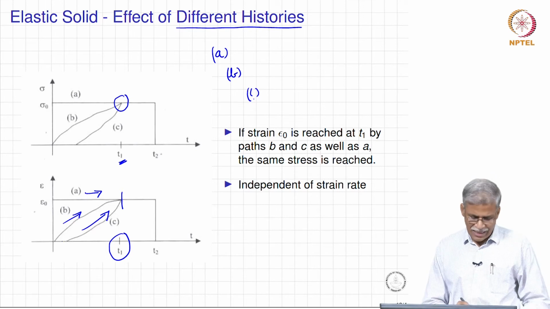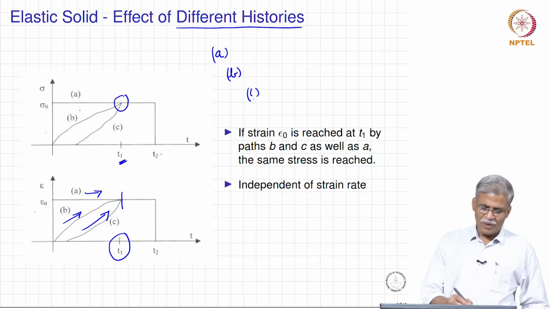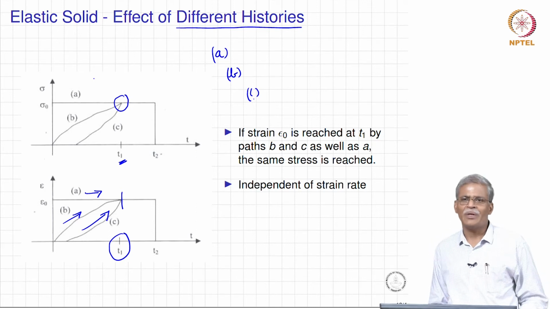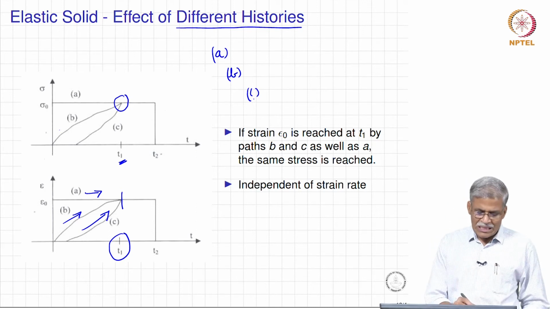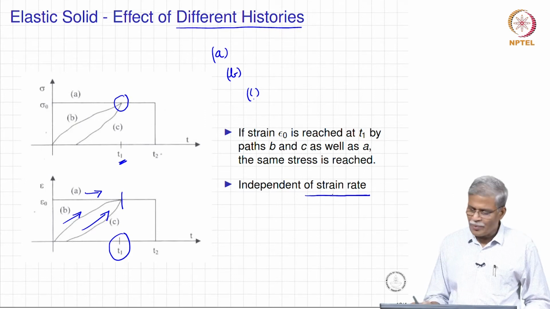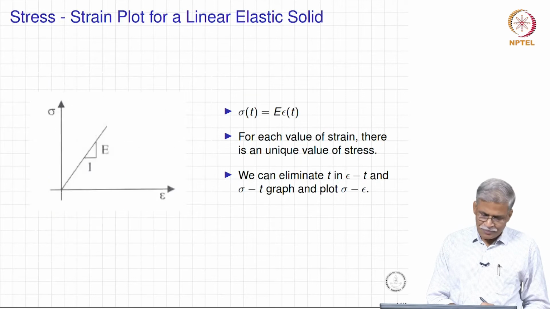So, what is the strain rate here? This is the strain and this is the time. So, the derivative of this is your strain rate, but since we have a material constant here which is independent of the time, even the stress is also going to be of the same way, and this is going to be independent of the strain rate.